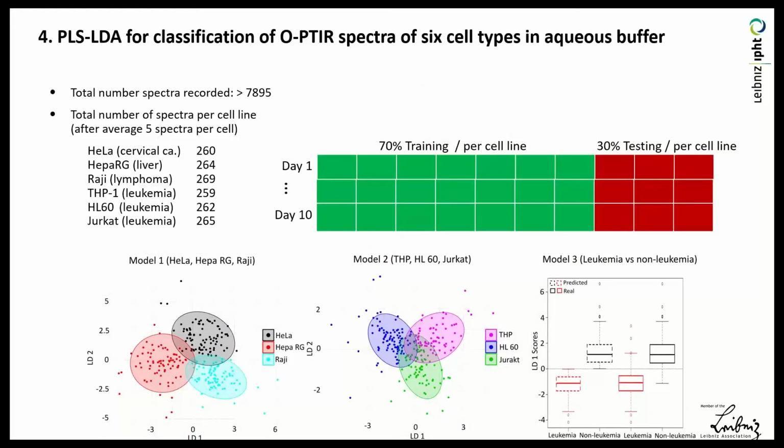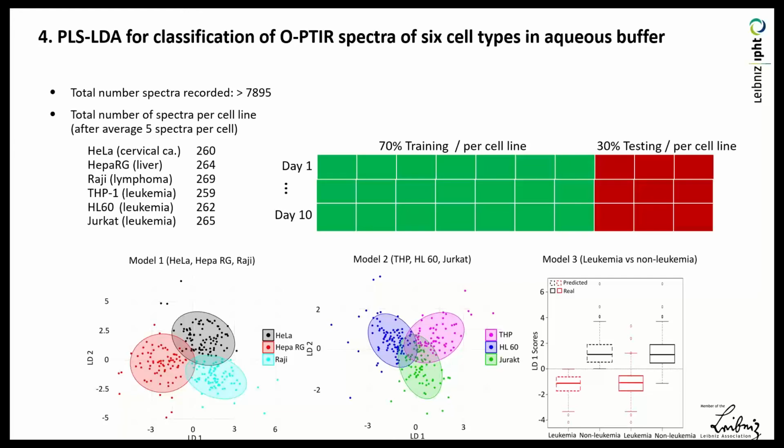Yeah, and then the preliminary measurements were finished, and we tried to use OPTIR also for classification of different cells. So students were very busy collecting almost 8,000 spectra.